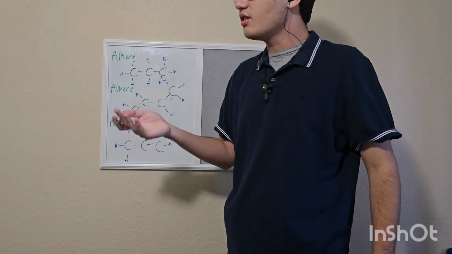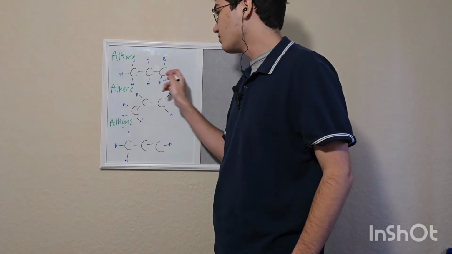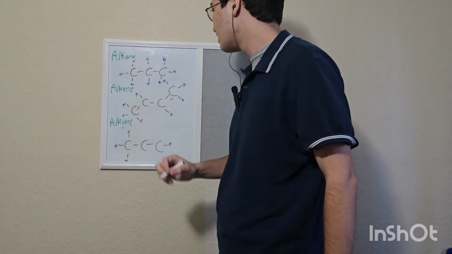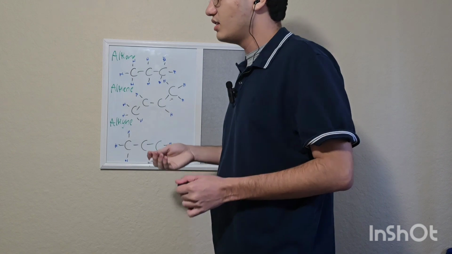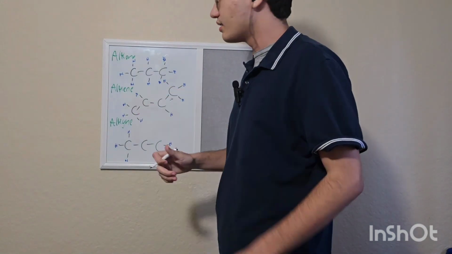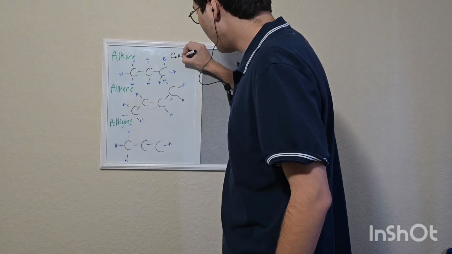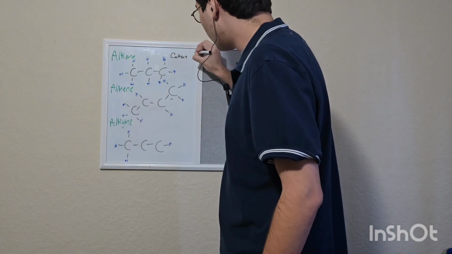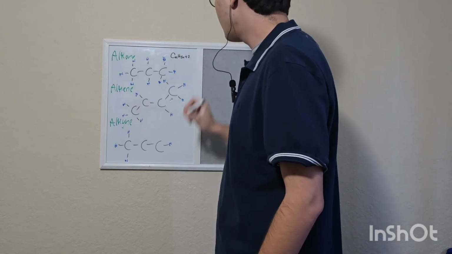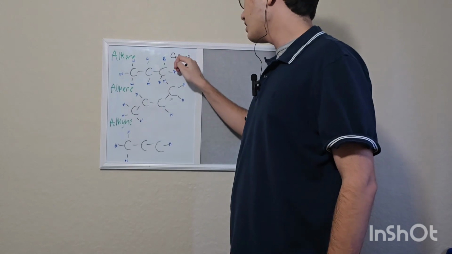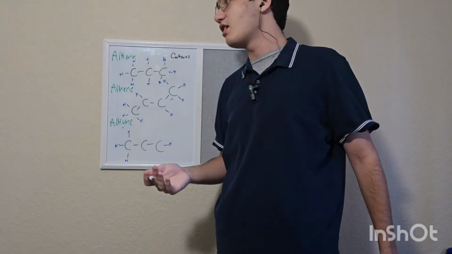So let's quickly go over how you write something like this while we have something as simple as that. There's two ways to write it, the simplified and the extended. The simplified will be written as CnH2n+2. The n here represents the number of carbons.